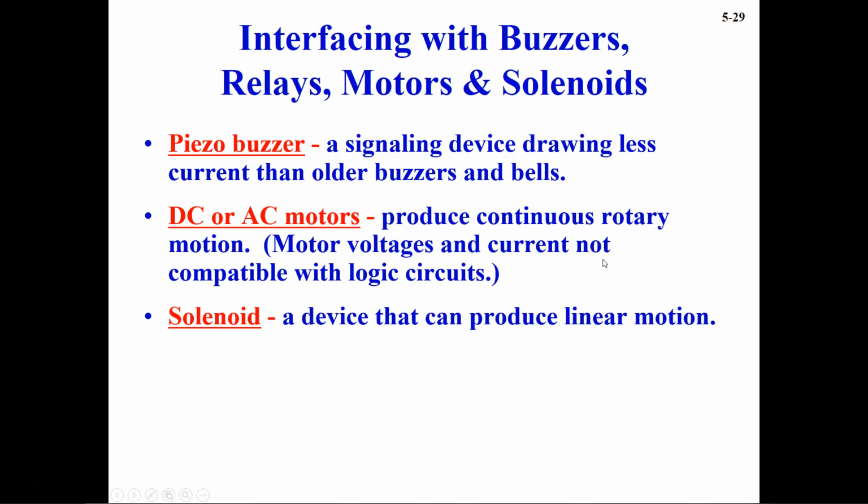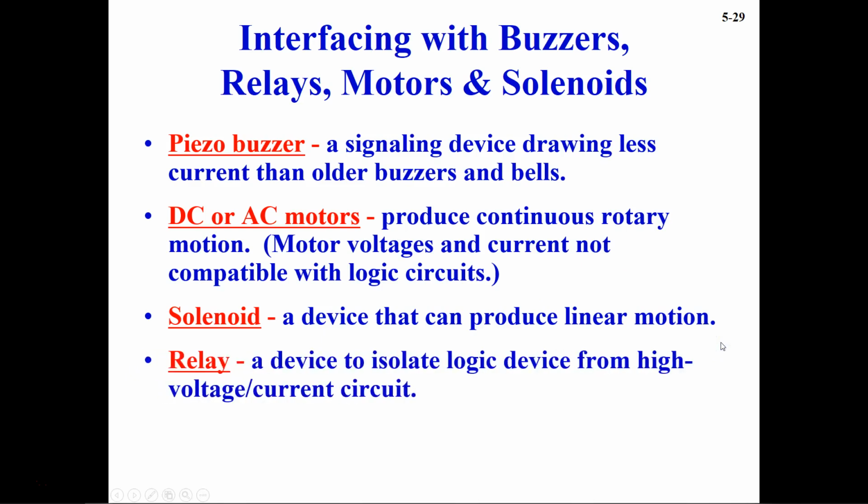It's a device that can produce linear motion, so you must have worked with a solenoid in your lab experiments. And then you have the relay, a device to isolate logic devices from high voltage or current circuits. So relays are used in circuits to isolate the voltage or high current.